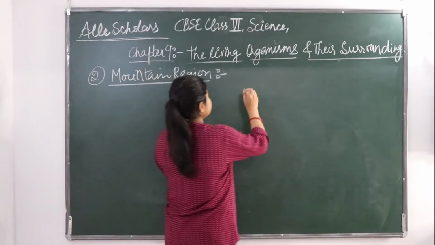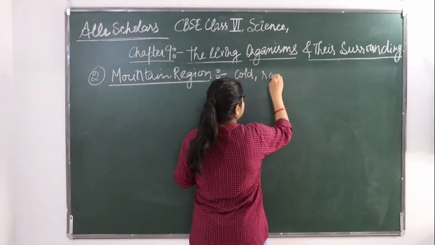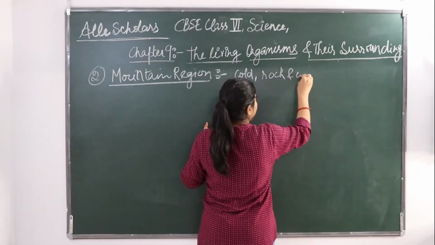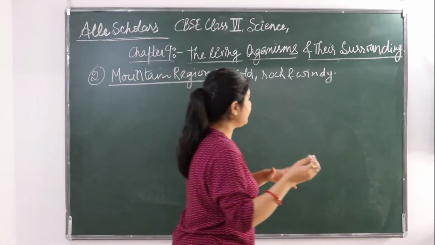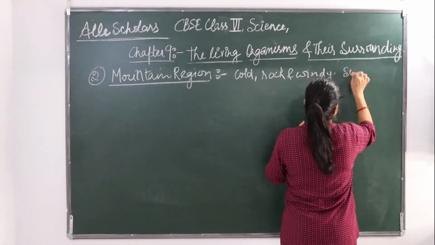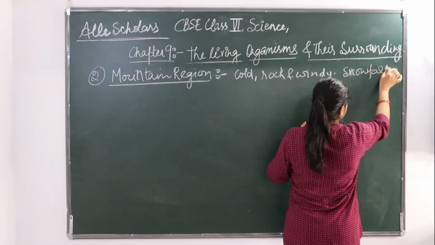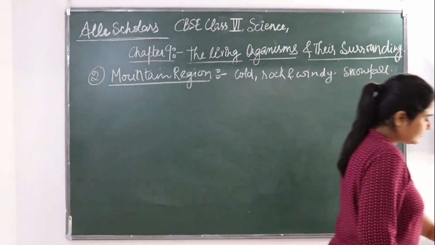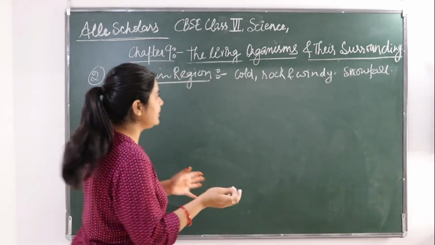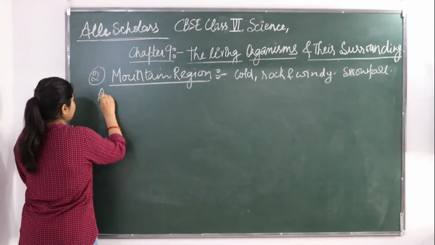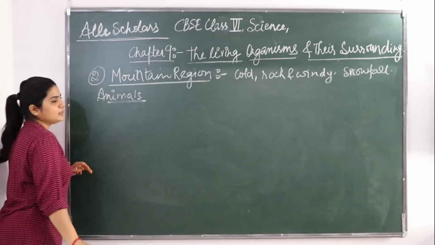So mountain regions are cold, rocky and windy, and in winters, some places also have snowfall. First we will see the animals of the mountain region, then the plants. So now let's discuss the animals of the mountain region.